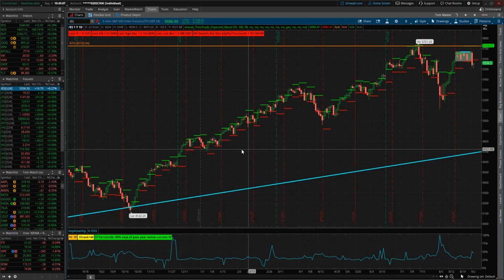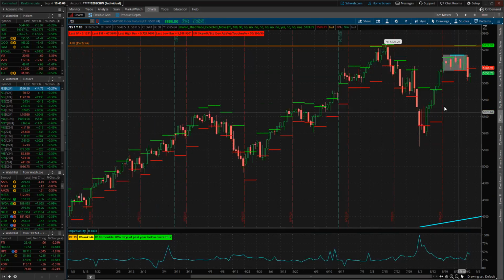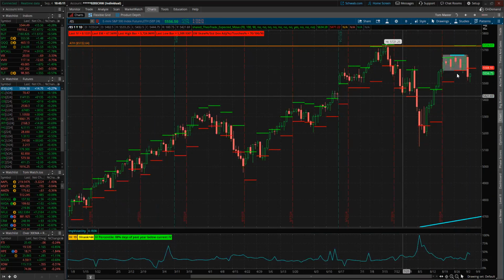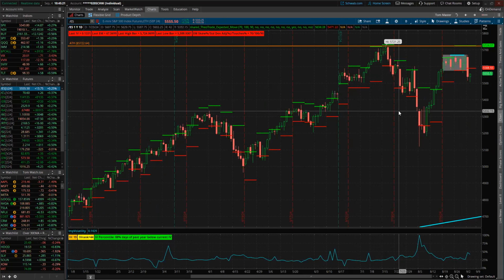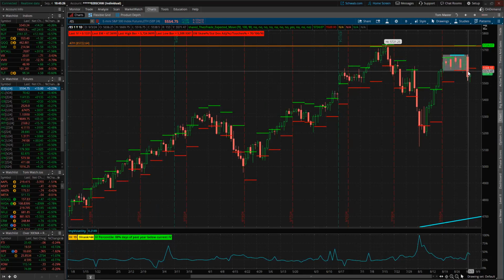The only reason is I'm just trying to show you a bit of the expected moves that are on here. It's pretty interesting that this week, the expected moves are the exact same height as last week's. So you get the same expected move. We're now down well outside of the expected move for the week.